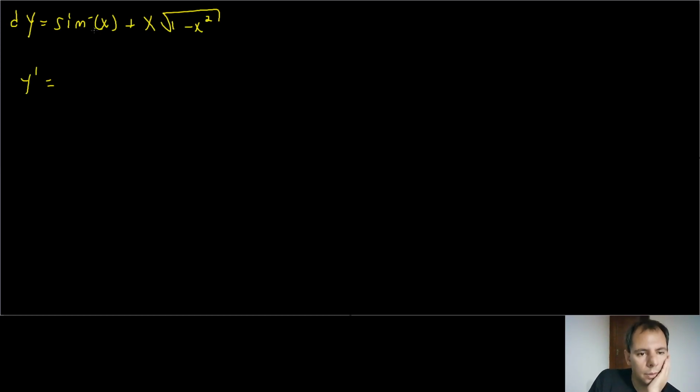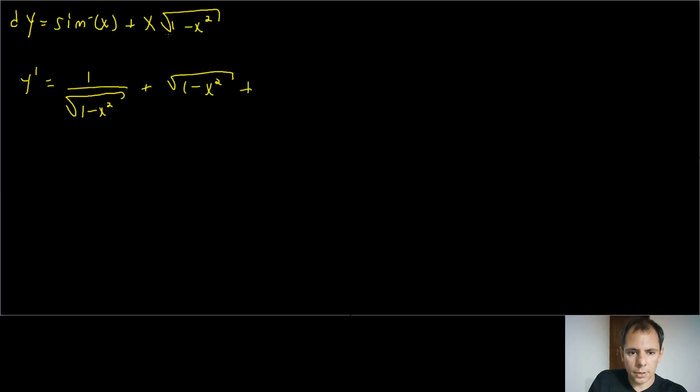So this is x, right? It's going to be 1 divided by the square root of 1 minus x squared, plus, and then you do this here. I'm going to use the product differentiation formula. I'm going to differentiate the first one times the second one plus the first one times the differentiation of the second one, which is what?